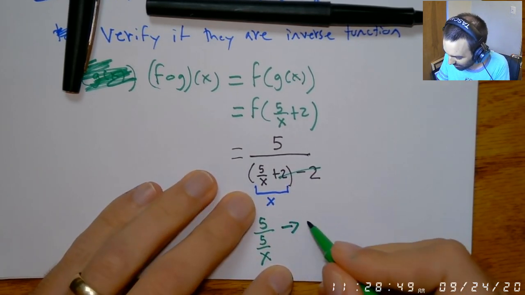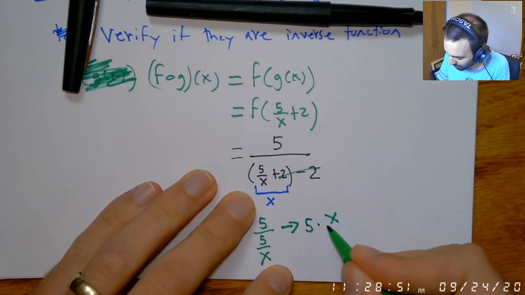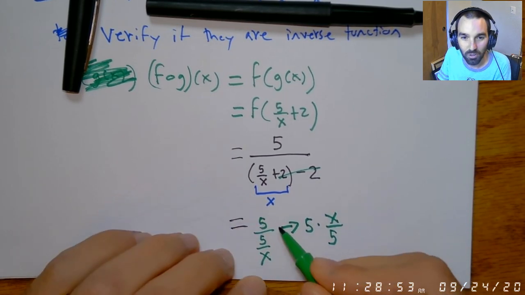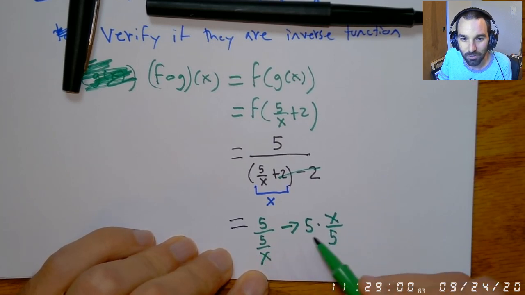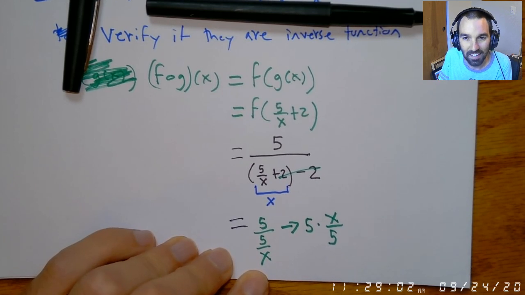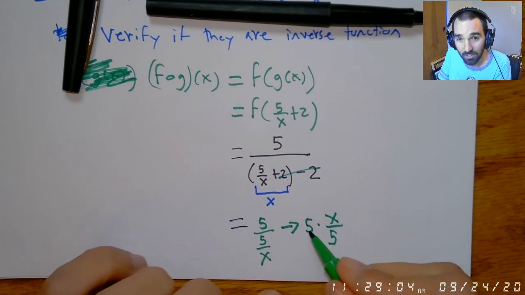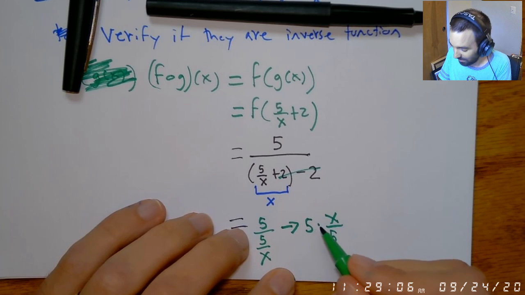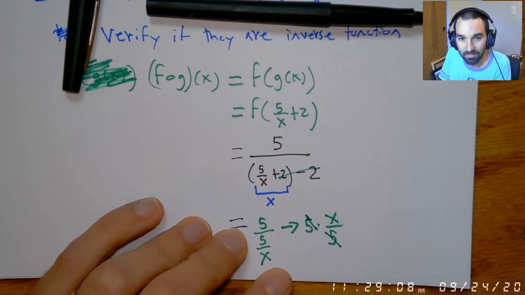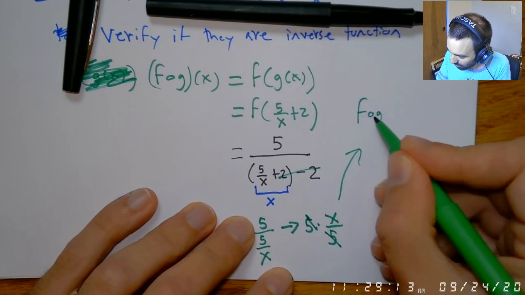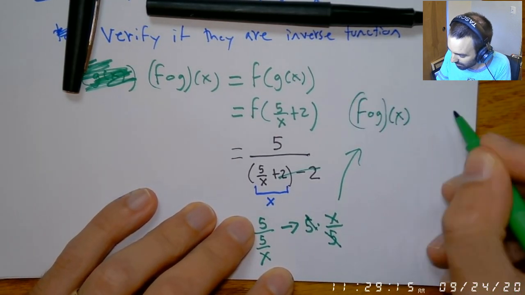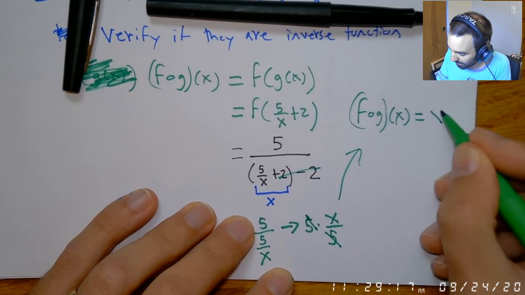So this is really 5 times x over 5. Again, when you divide fractions, you just take your second fraction, flip it, change it to multiplication, and your life is easier. Because what we see now is that the 5's cancel out, and we get f composition g of x equals x.